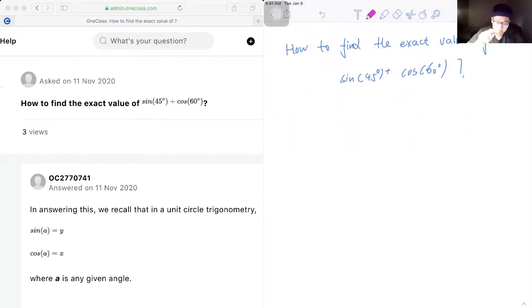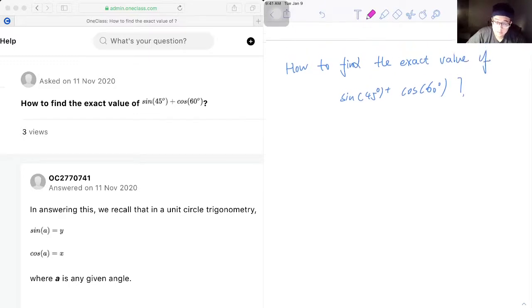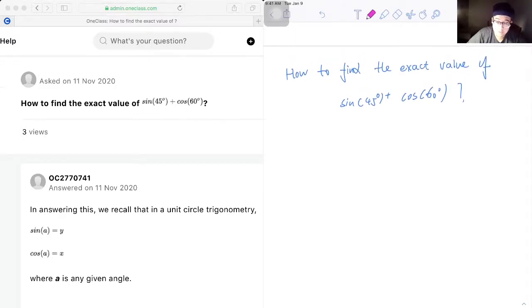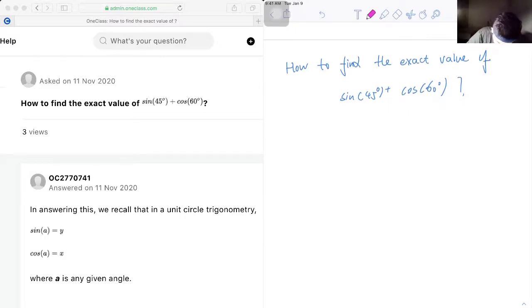Okay, so before jumping to this question, first let's do a review on what sine and cosine are.